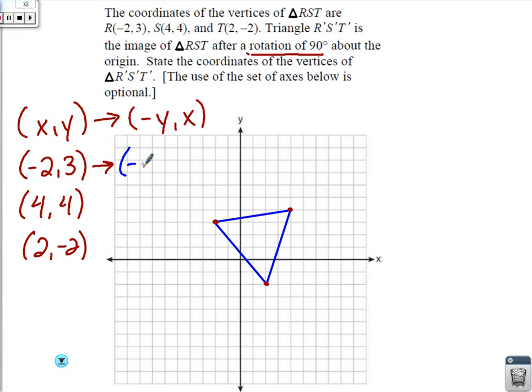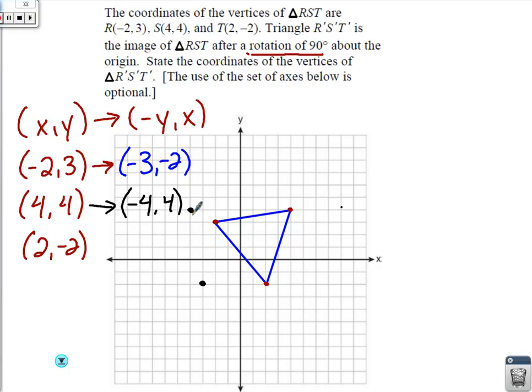Negative 3, negative 2. So let's put that up. Negative 1, 2, 3, negative 3, negative 2. Our second point, Trace, 4, 4 is going to turn into negative 4, 4. So negative 1, 2, 3, 4, 1, 2, 3, 4 is there.